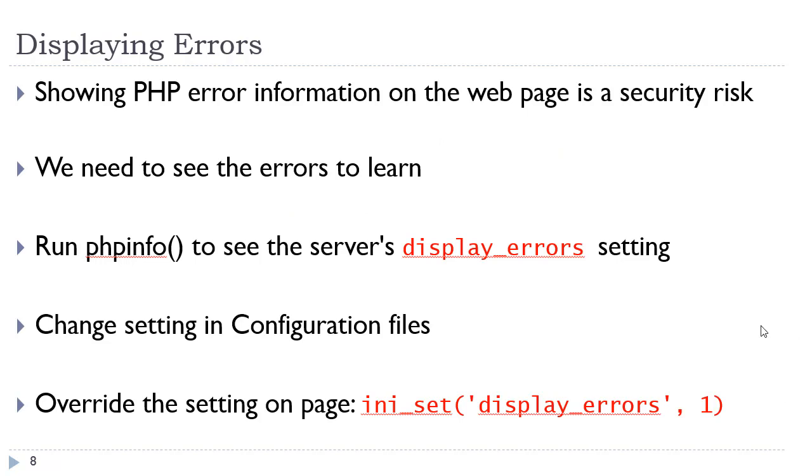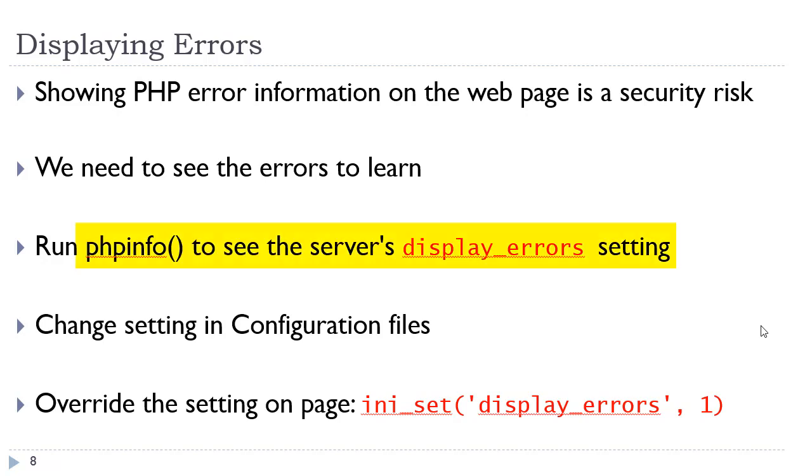Showing PHP error information on the web page is a security risk. So you do not want to do that on a finished product. However, while you are developing the application, you need to see the errors not only to learn, but to make sure that your application is working efficiently and correctly.